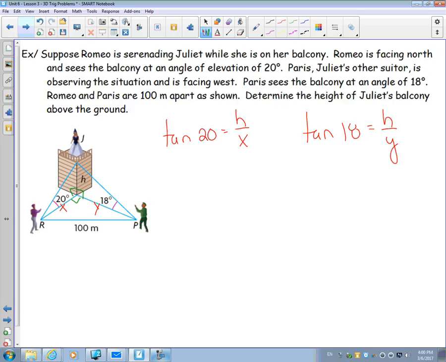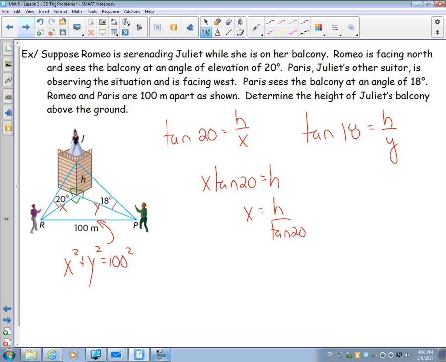If you think about the flat triangle for a second, I hope you would agree that x squared plus y squared equals 100 squared. It's a Pythagorean relationship. So if I rearrange these equations for x and y, I can plug them into this equation. Here's how we can do that. Cross multiply, and then x will be h over tan 20.